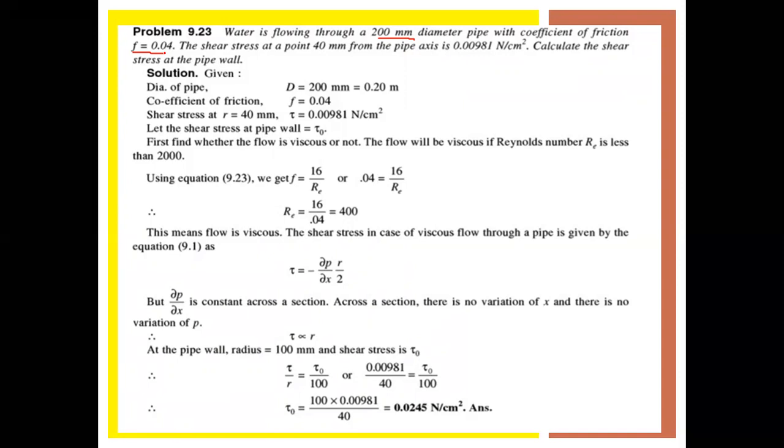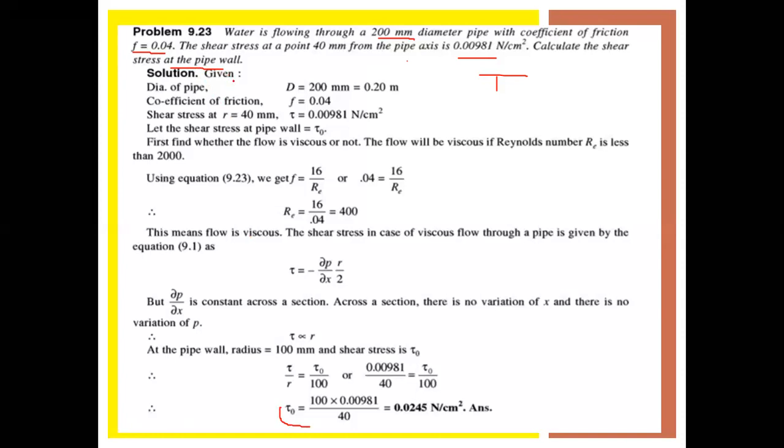The shear stress tau at a point 40 mm from the pipe wall towards the water is given. Calculate the shear stress at the pipe wall, tau naught. So find tau naught; it is a simple formula.